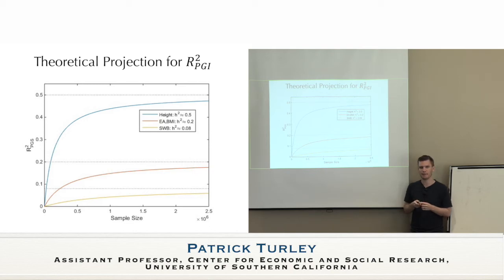Yep. I understand for some of our EA GWASs, which I haven't really been a part of, we MTAG them with other phenotypes. Do we make scores or indices off of those MTAG results? You can.